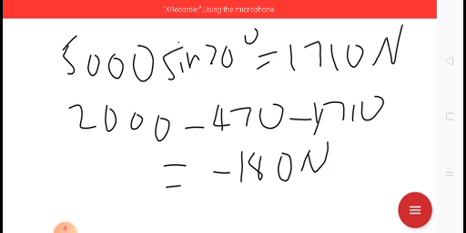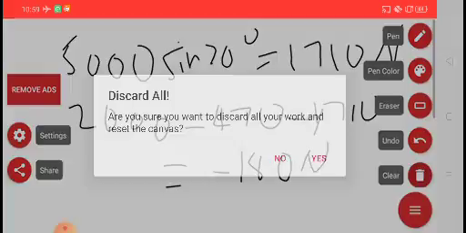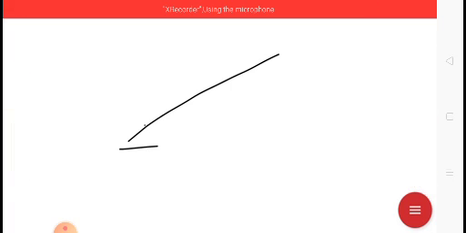If the item won't slide up, most probably the item will slide down, right? If the item slides down, we need to change the diagram this way.